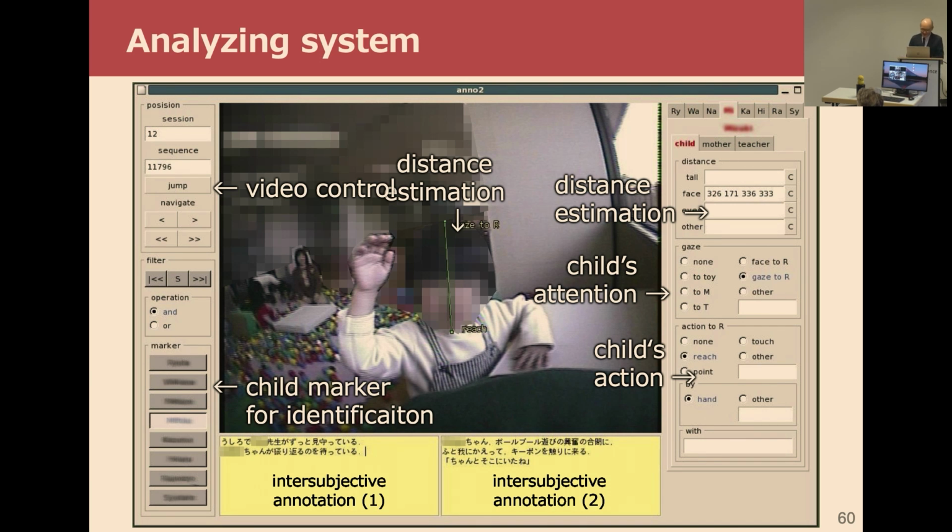So this is what's under the hood of the Keepon interaction observation.